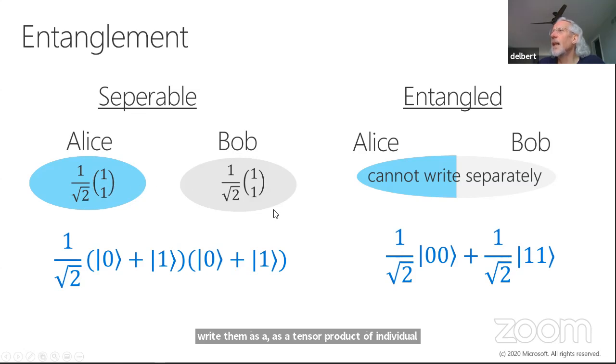So in this case, Alice and Bob both have simple states, their qubits are separable because you can write them as the tensor product of these two states. But this state here, called the Bell state, is entangled because you can't write this as a tensor product of these two things, which means that the measurement is going to be correlated between these two qubits.